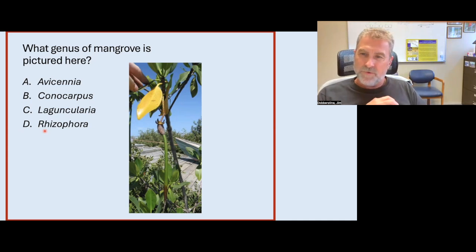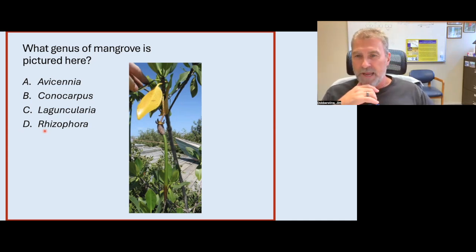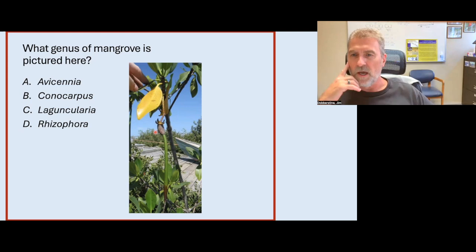Well, if you answered red mangrove, you would be correct. And the big clue here is this propagule, right? And so you can see that great big propagule that has emerged from the fruit here. So this one is probably not too far from dropping off where it's going to float in the water until it finds a suitable habitat in order to be able to root. Okay, so if you got that right, very good.